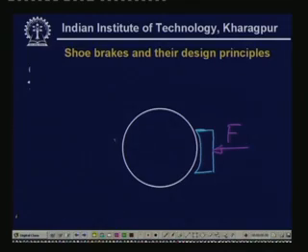Therefore, what is done normally, there are two similar shoes and these forces are applied. So, now there is no bending stress developed in the shaft containing this drum, but the friction force is developed. But now we can see this friction force is such that the frictional torque is now double.